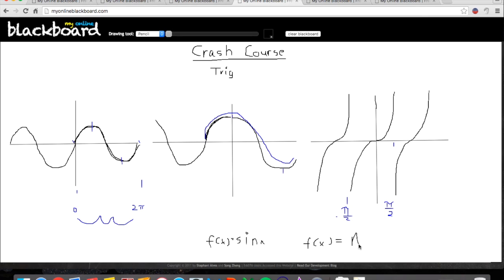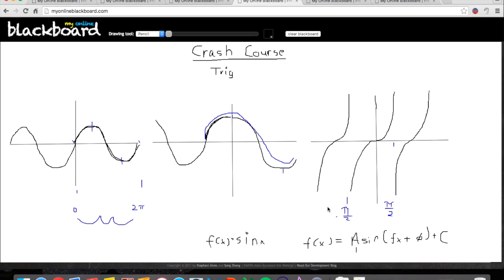So you have A sine of, I'm going to do f x. I probably shouldn't use f, but I'll explain that in a second. Plus phi, plus c. So all trigonometric functions can take this sort of form.